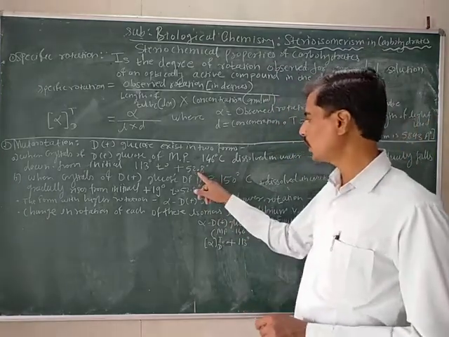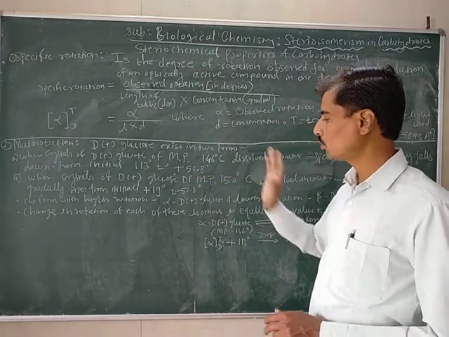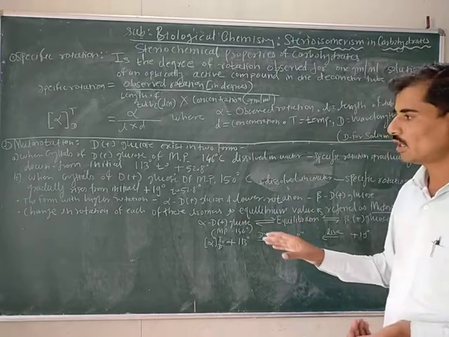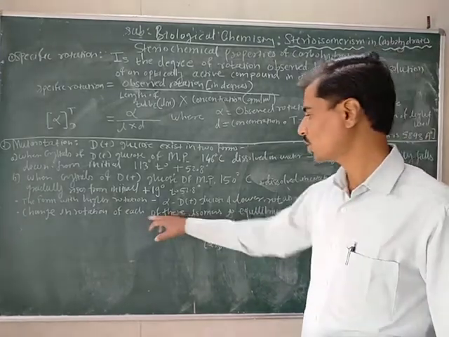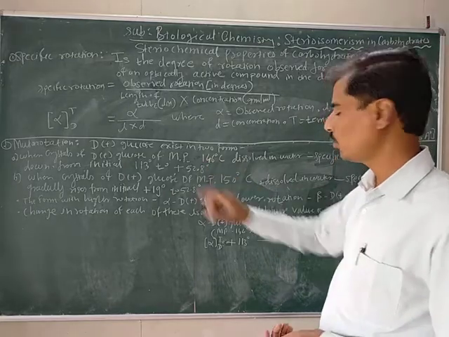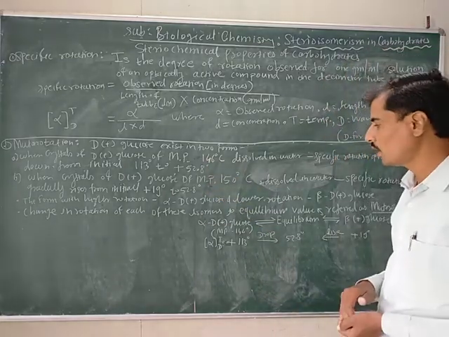This 52.8 degrees is the equilibrium value of the change in rotation of each isomer, and this change to the equilibrium value is referred to as the mutarotation.